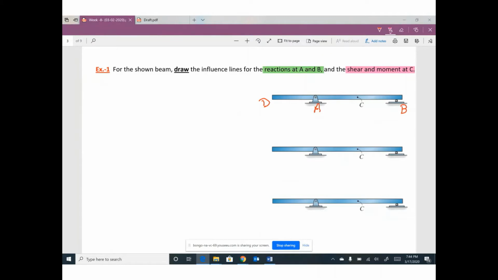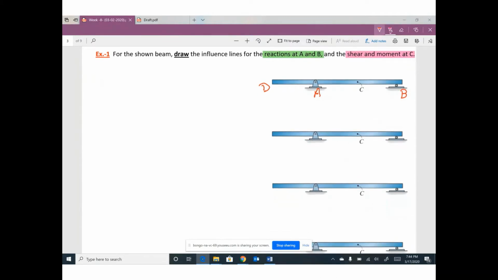Okay, let's start with the influence line of reaction. First step. Actually, we have reaction here, YA, and we have reaction here, YB. If you would like to draw the influence line for reaction, it's very simple.